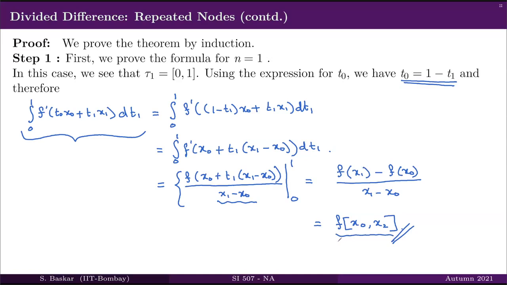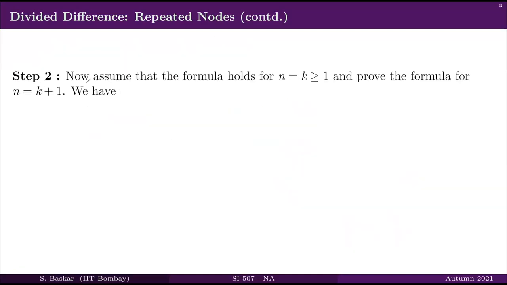Therefore, the result is true for n equal to 1, and as the next step, we will assume that the formula holds for any k greater than or equal to 1 and prove the formula for k plus 1. Let us see how to do this.